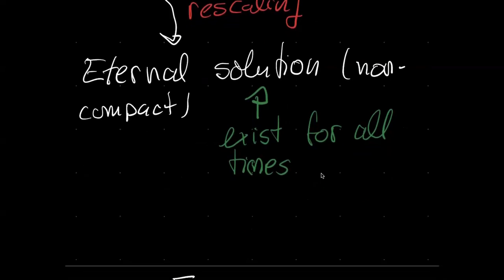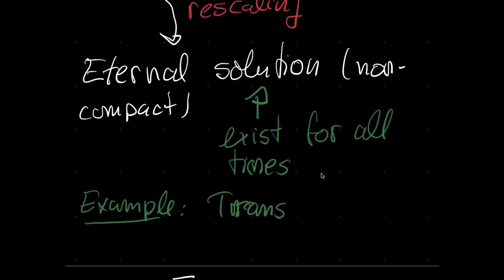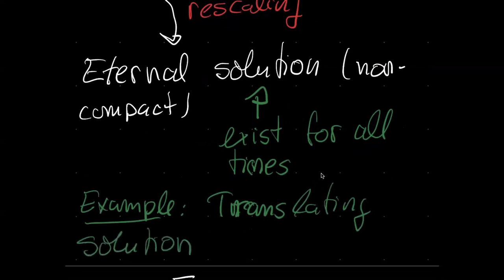So finally, I'm coming to explain the title of the talk. An example of this are translating solutions. That means that M at time t is given by whatever it was at the initial time plus t times a translating direction.